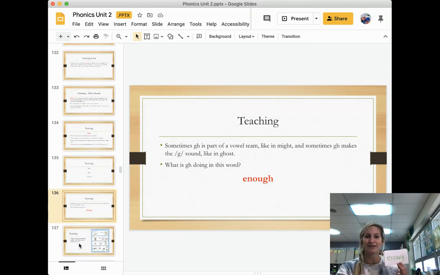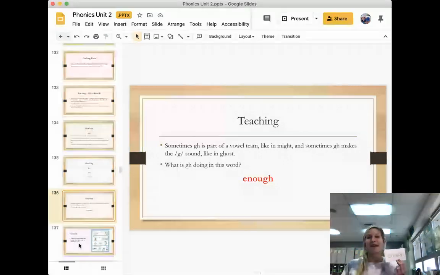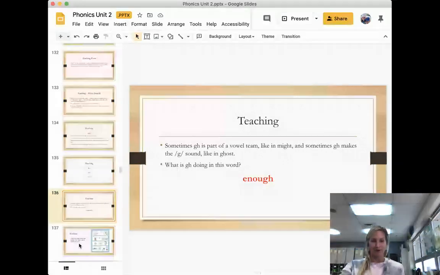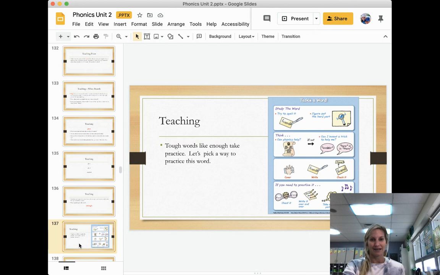That kind of breaks a lot of the rules that we've talked about before because the GH makes an F sound. So this time, I want you to get out your whiteboard or a piece of paper and we are going to practice something that we have done to tackle a word. So I'm going to give you a second to get out a piece of paper or your whiteboard. Go ahead and do that right now.